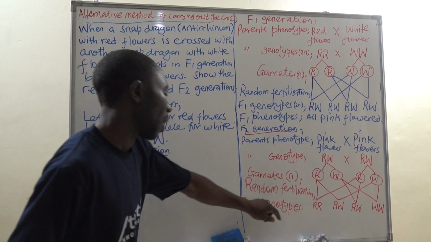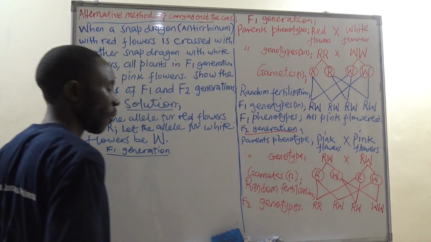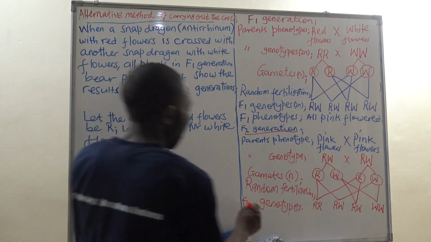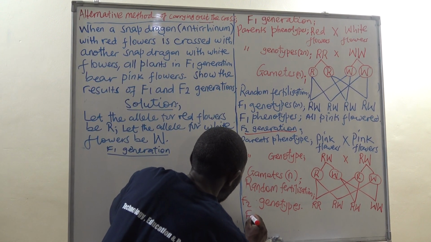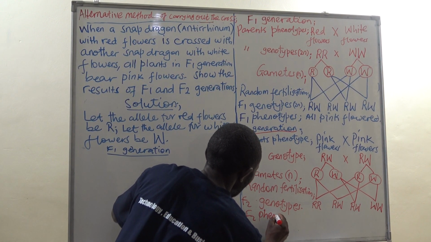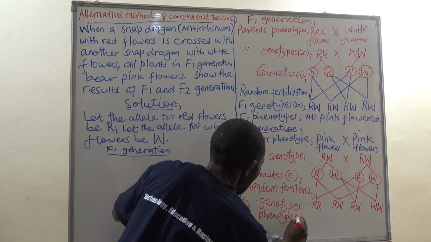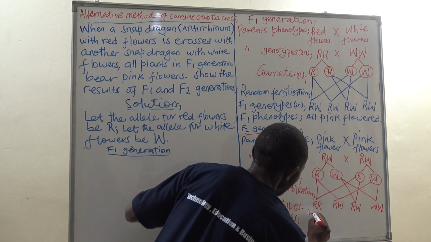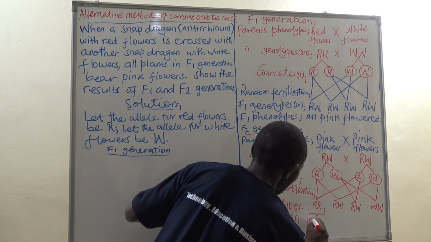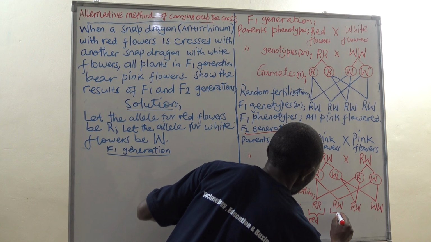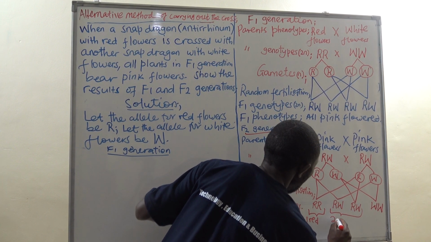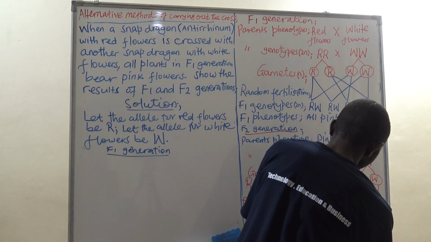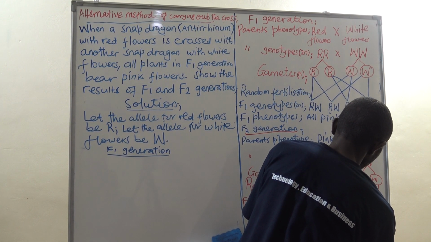So now what can we deduce about the phenotypes of the offspring in the F2 generation? We can see that the F2 phenotypes are one red flowered, two pink, and lastly one white.